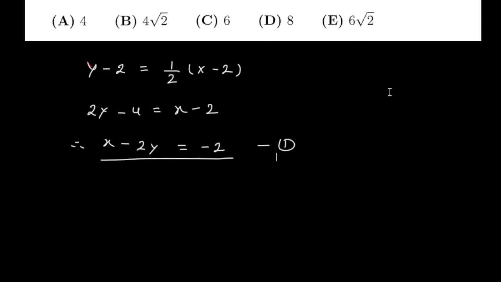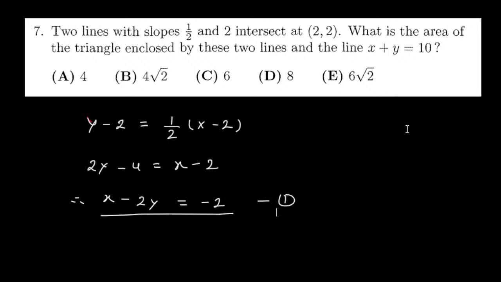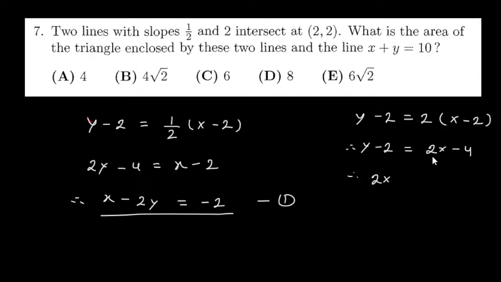And the other equation is, here we have y minus 2 is equal to 2 times x minus 2. So therefore we have y minus 2 is equal to 2x minus 4. So therefore we have 2x minus y is equal to 2.